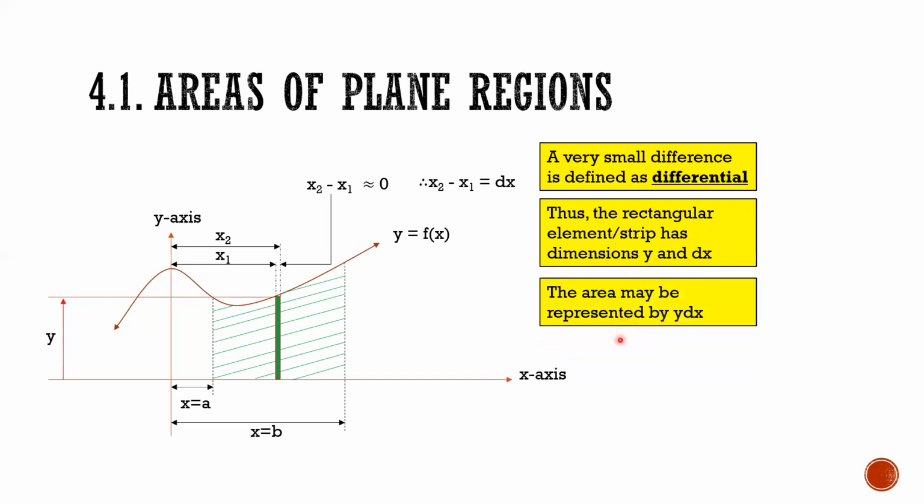So the area may be represented by, according to rectangle, base times height or the width times height. That is simply y times dx. Now, if we would calculate the area of this strip with a very small thickness or width, then we could say that that area is also very small. So thus, calling it the differential of area. And that is equal to y times dx.